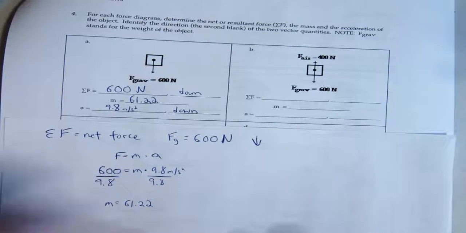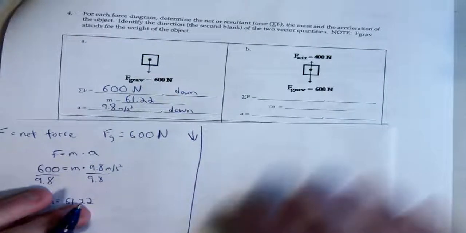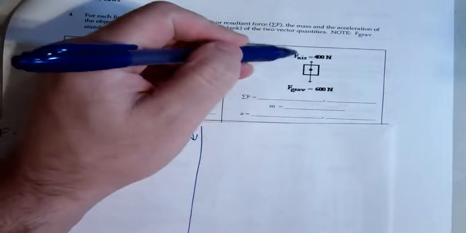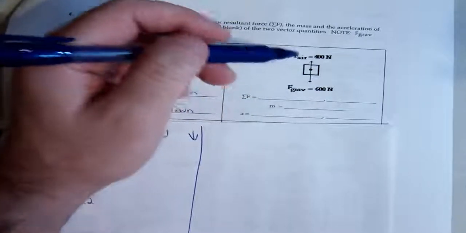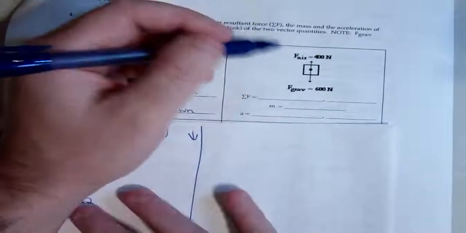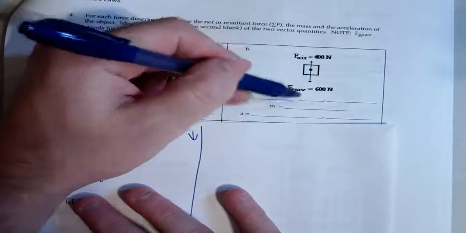So, line through this, we're on B. So we're given two forces. 200 newtons up and 600 newtons down. Okay? So that means you can do this in your head. The net force, the winning overall force, is 200 newtons down.